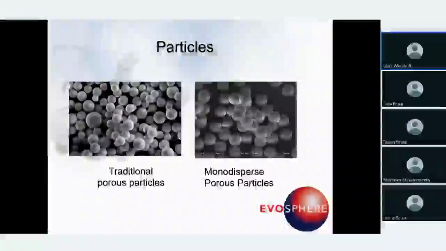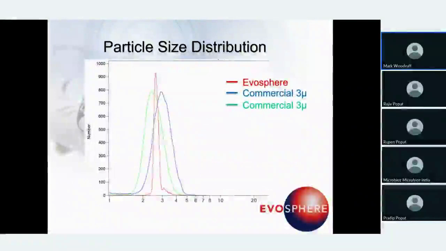So if we look at the numbers that we would gain, here we've taken 2 standard 3 micron commercial columns that are available in the marketplace. And you can see this Gaussian distribution where you have an average somewhere around 3 micron, but you also have sub 2 micron particles.